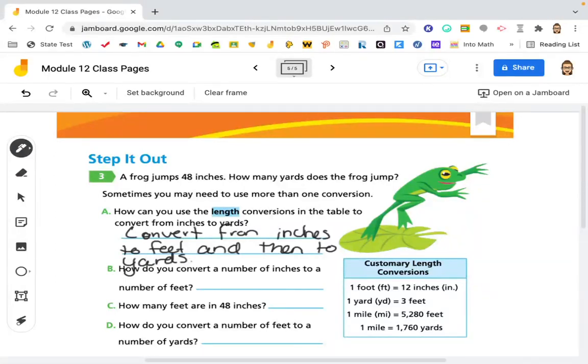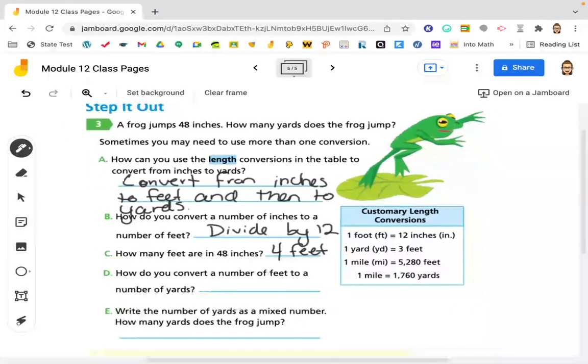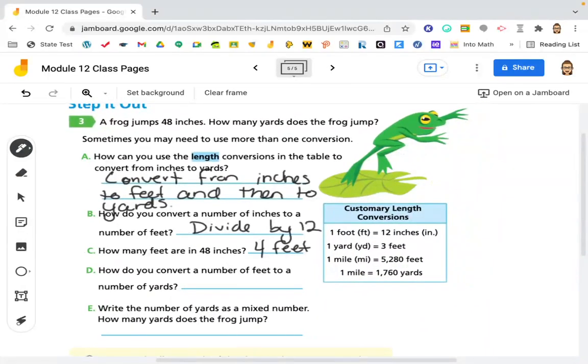So how do you convert a number of inches to number of feet? We divide by 12. Then how many feet are in 48 inches? Well, 12 goes into 48 4 times, so it'd be 4 feet. And then how do you convert the number of feet to number of yards?